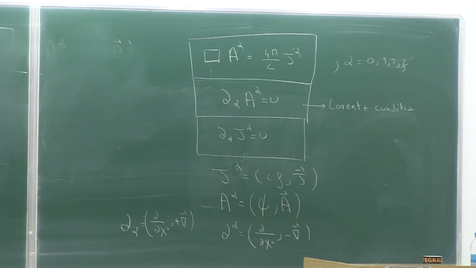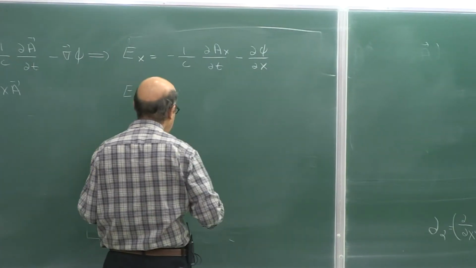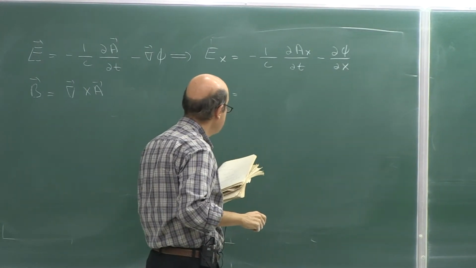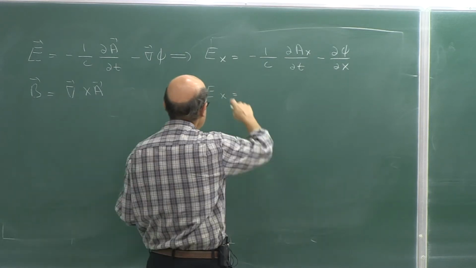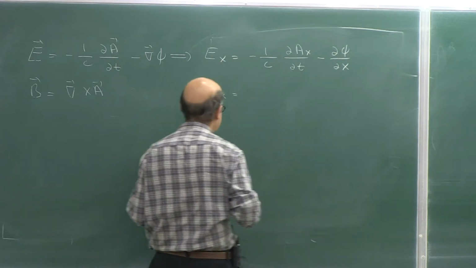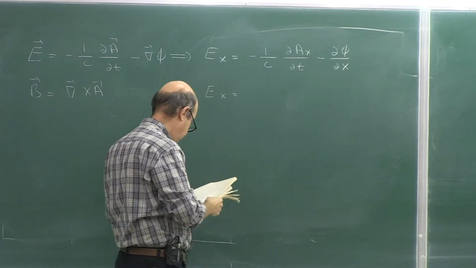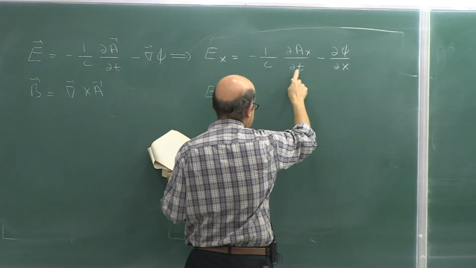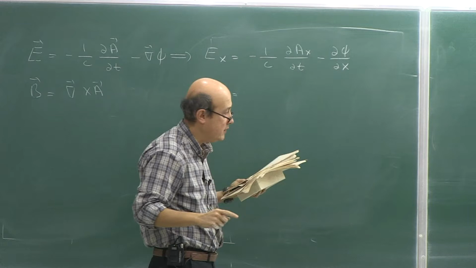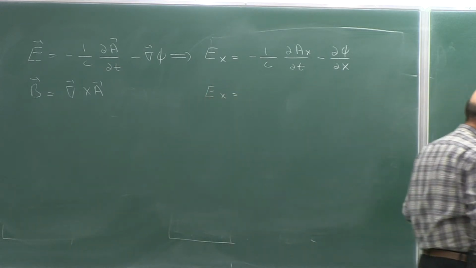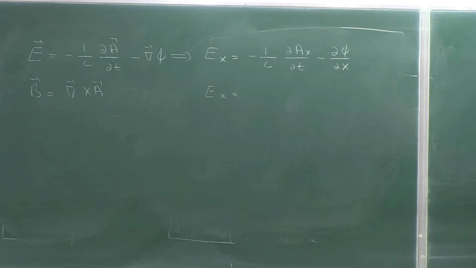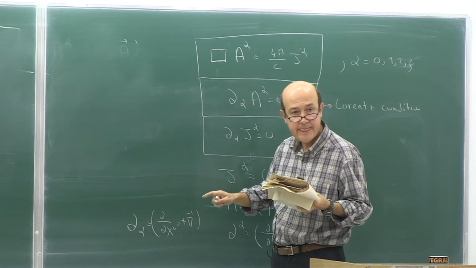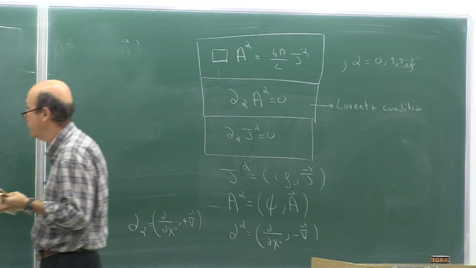So Ex on the left, on the right, what? Instead of del over c del t, what can you write? What is del over del ct? That is nothing but del over del x0.